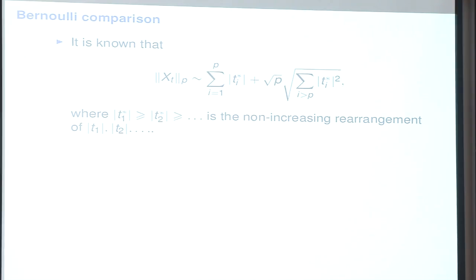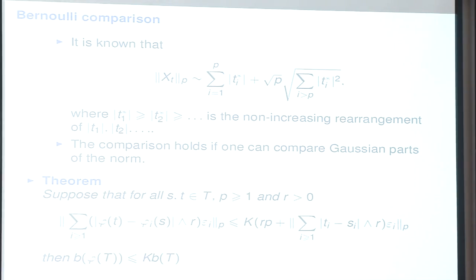I would call this part the Gaussian part of the p-th moment of X_t. Okay. So now, if you can compare these parts of the p-th moment for the set T and the set phi of T, then the result holds.